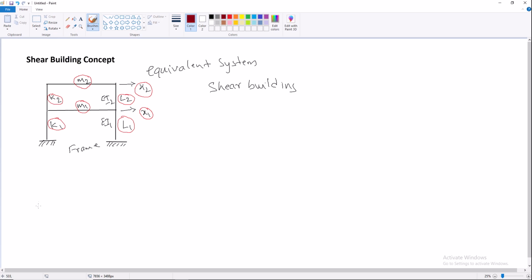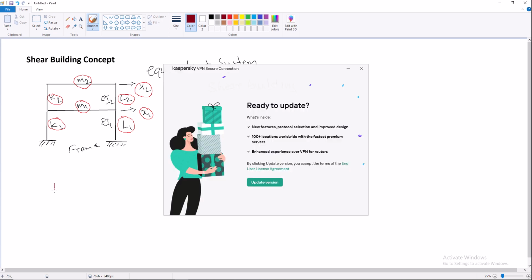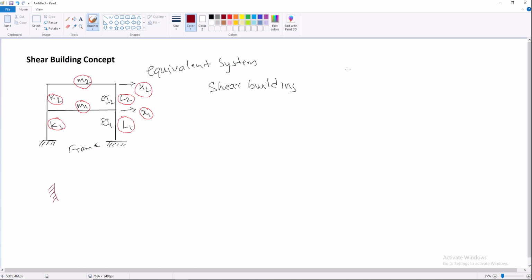To draw the equivalent system, I consider this system, connected like this, and these are the two floors. This is M2 and this is M1, and this is K2, this is K1.